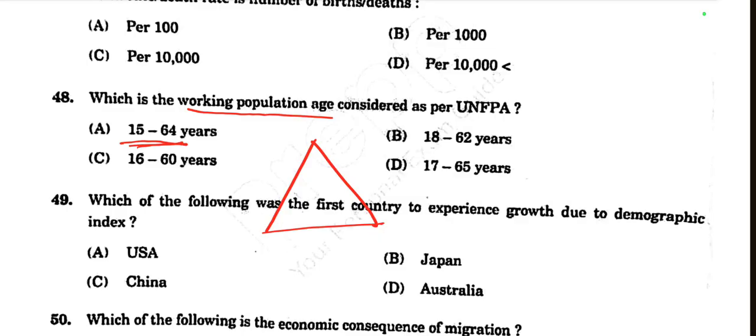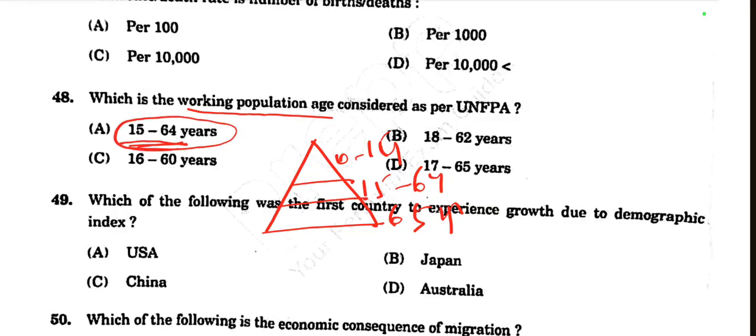Age pyramid, 3 stages of population: 0 to 14, then 15 to 64, then 65 above. So 15 to 64 years is the working age population. It is called the working age population or independent group. But 0 to 14 or 65 above, these are non-working or dependent group. So option A is the right.